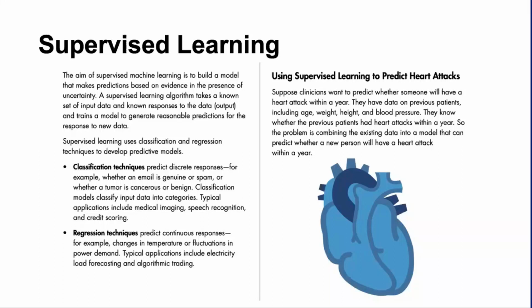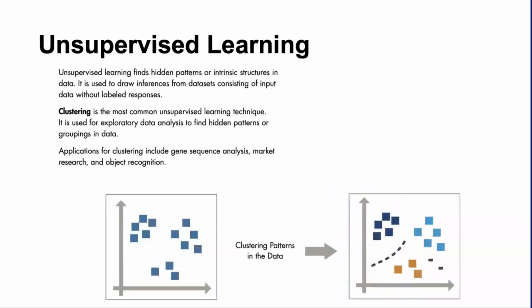While for regression, you predict continuous responses, for example, temperature or fluctuation in the electricity, and so on. For unsupervised, again, we have clustering, and it is used for exploratory data analysis to find hidden patterns, mainly because your data is unlabeled. From unlabeled data, the clustering method will basically group them based on the characteristics of these input features.